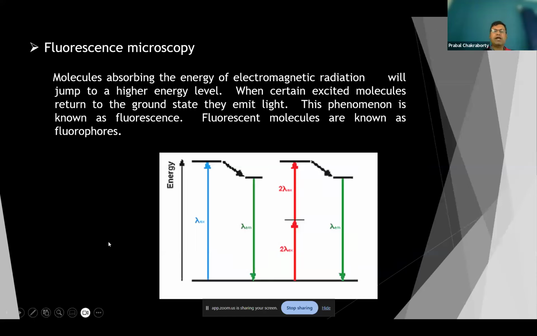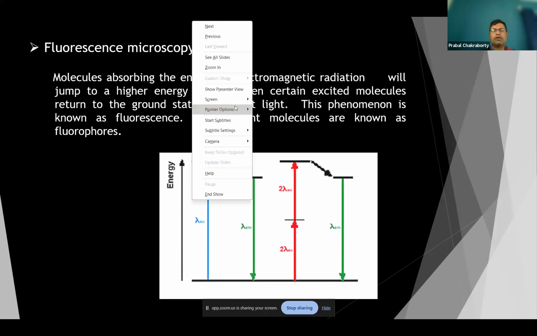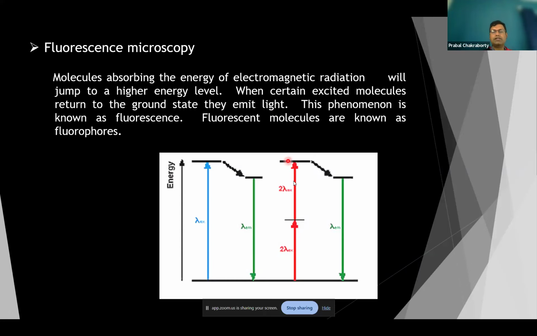On the left side, when a single photon transfers the whole energy to the fluorescence molecule, it's called single photon excitation. And on the right side, you can see two photons transferring the energy, and that is called two photon excitation. I don't know whether you have heard about confocal microscopy, multiphoton microscopy.